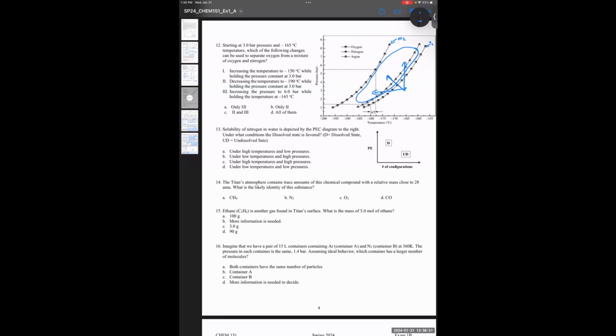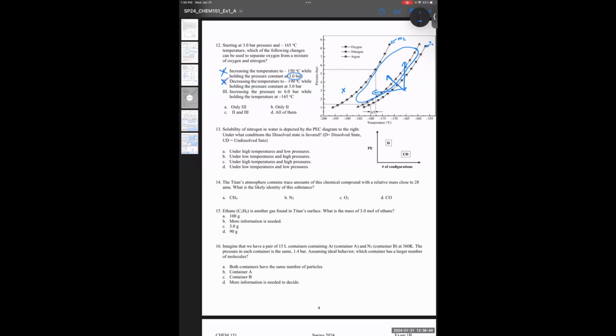So that is at the 3 bar, same pressure, right? So it's out. 1 is not an option. Decreasing the temperature to minus 190. If we decrease the temperature to minus 190 at 3 bar, you're gonna reach here. That's too much. Okay. So if we do that, both of them are in the liquid phase. So therefore, that is out as well.